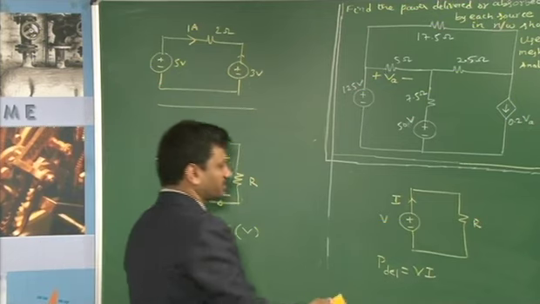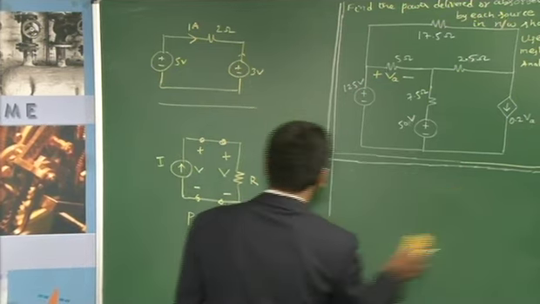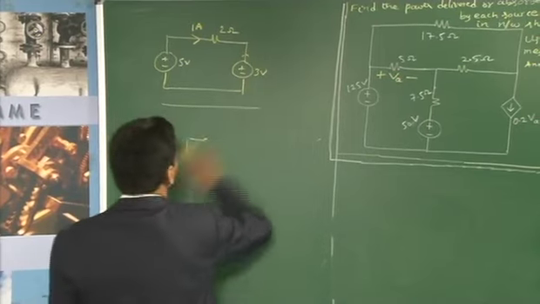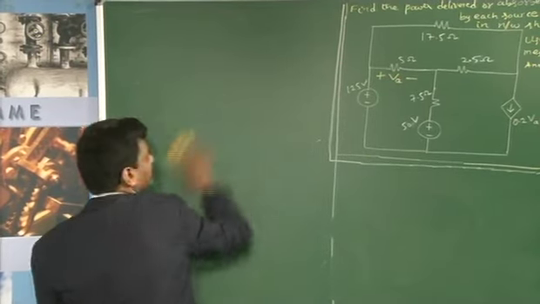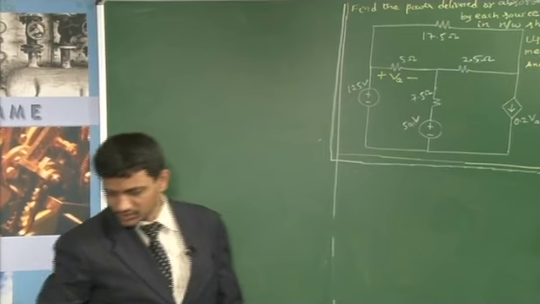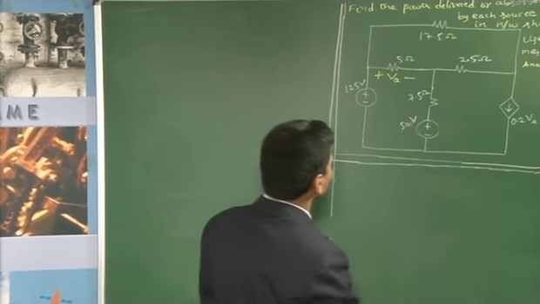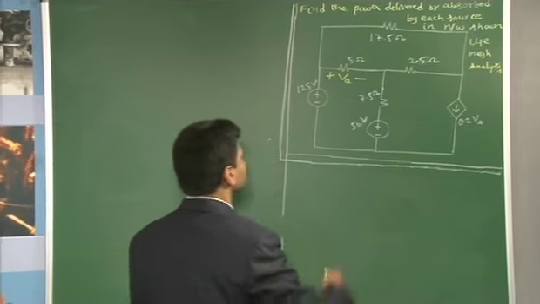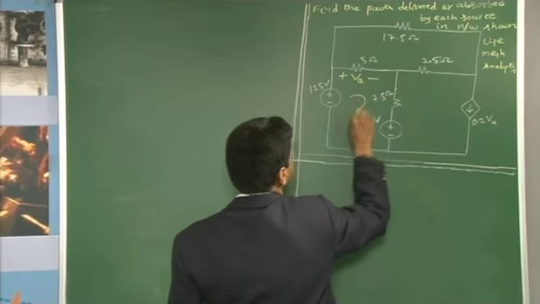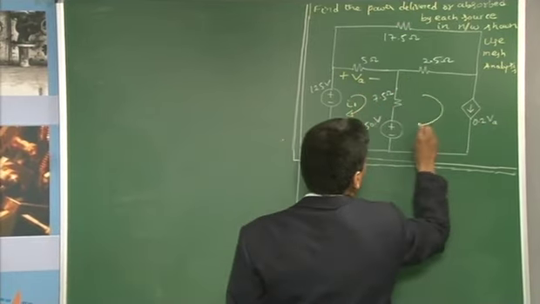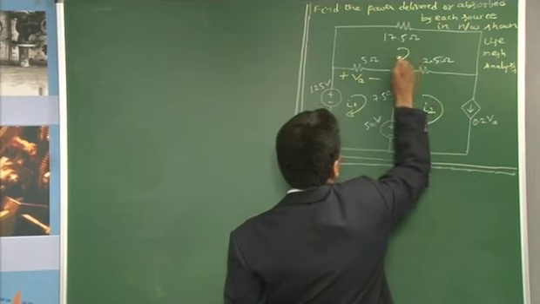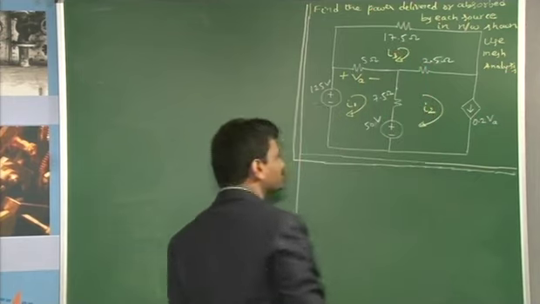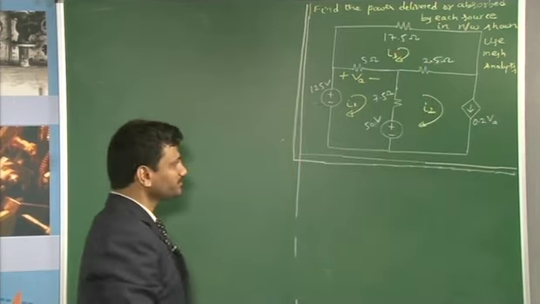Of course, we are doing this by using the mesh analysis. The first thing we need to do in the mesh analysis is to identify the meshes. So, 1, 2, 3, there are 3 meshes, and we have allocated a current to each of these meshes: I1, I2 as well as I3.